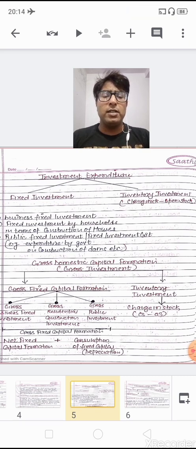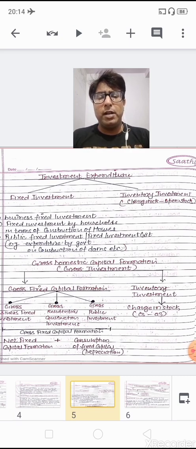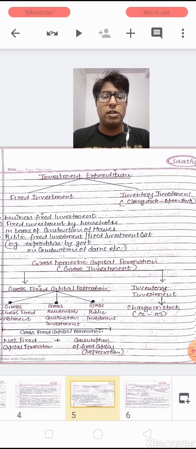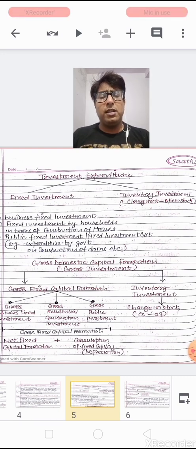These are all expenditures done to increase the capital stock. For example, the government makes expenditure on the construction of dams, etc., and because of this the capital stock of an economy is increasing.